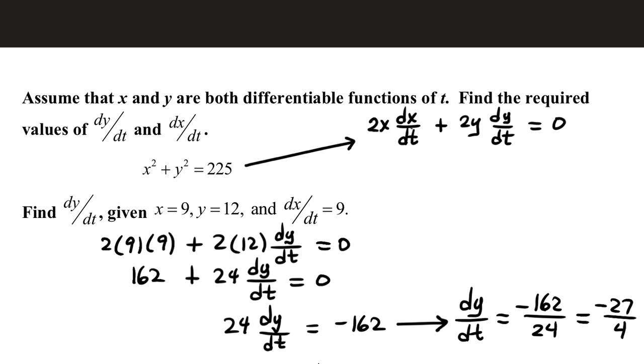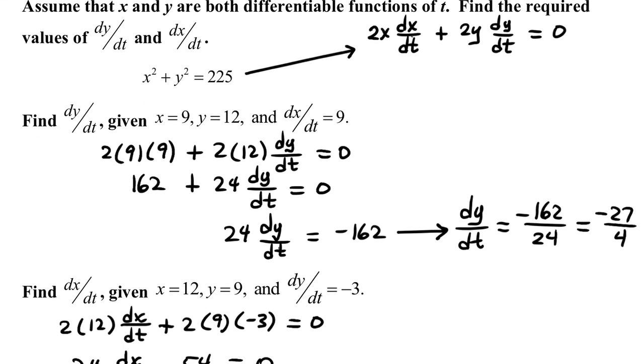Making your calculations, we have 162 plus 24 dy dt. Subtract 162, it'll go negative. Divide by 24, and that reduces to negative 27 over 4. In the next part of this, we're going to solve for dx dt, and we'll be given values of x, y, and dy dt. Here we go.